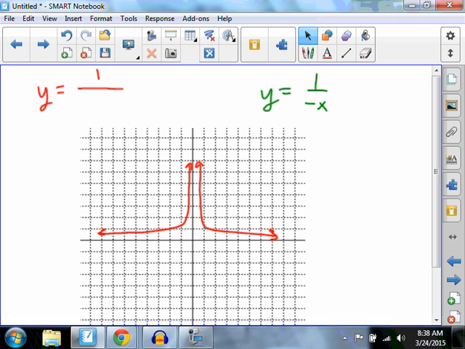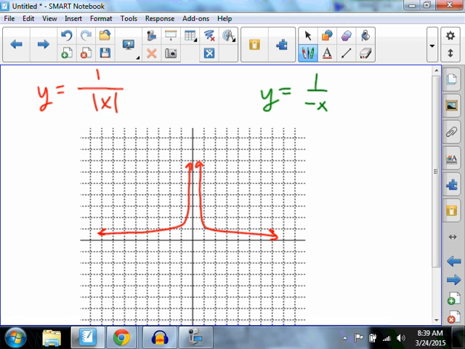What represents distance mathematically? There we go, absolute value. Good. That's one way to do it. And the other way to force something to always be positive would be to square it. Nice. Good.